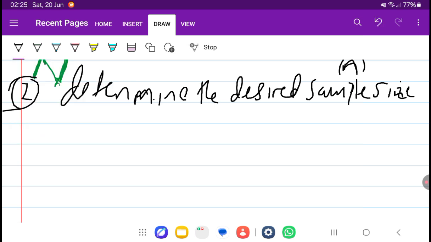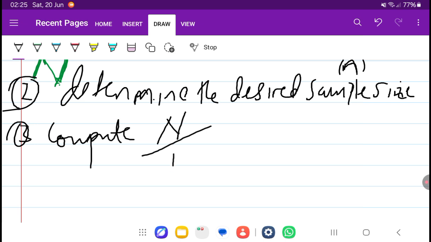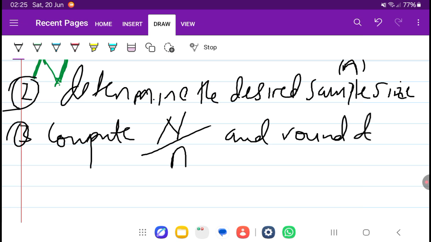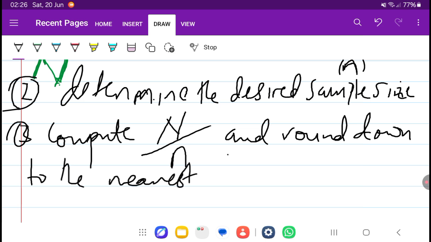Then the third step, after getting the desired sample size, you compute N, which is the population, divided by the sample size n, and then round off. Actually, you round downwards. You round down to the nearest integer.